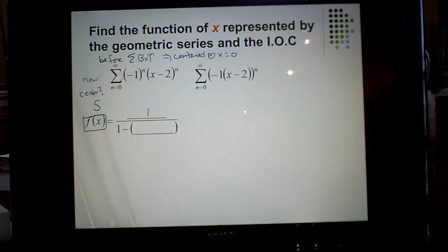Now my r is negative 1 times x minus 2. I'm going to distribute my negative in here just to make this look a little cleaner. So I get negative x plus 2. I'm going to write that as 2 minus x, which of course then is 1 minus 2, which is negative 1, plus x.